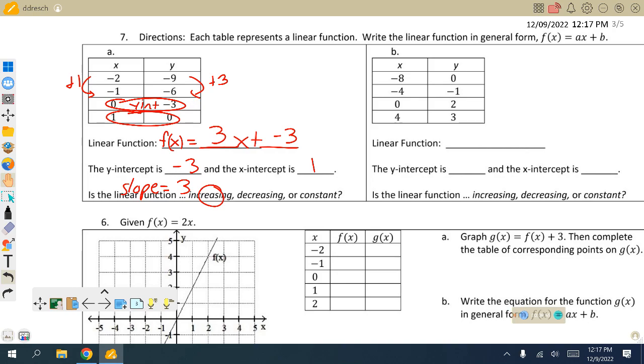From y to y, x to x. What are you doing? 0 to -1. What are you doing from -8 to -4? Just gotta go find me that change.